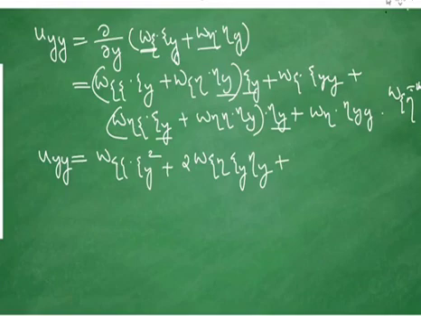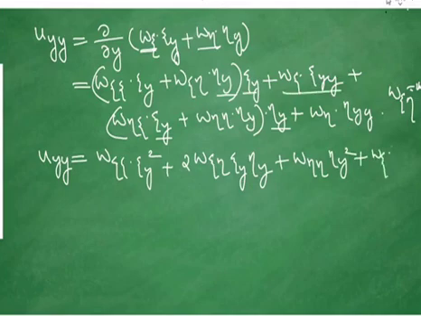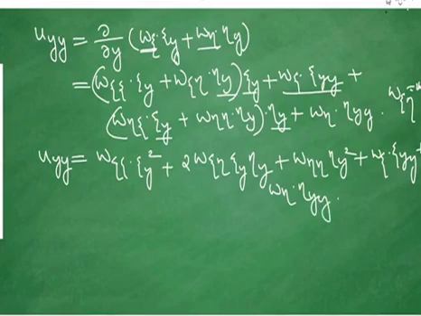What is the eta term? w eta eta into eta y square. Now the w theta term, there is only one term, w theta into theta yy plus w eta into eta yy. Okay, these are all the derivatives of u, first order and second order derivatives of u.